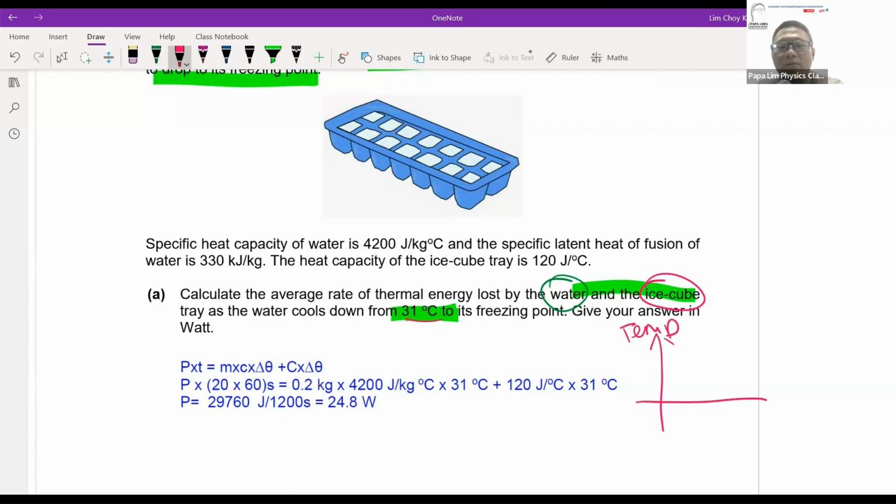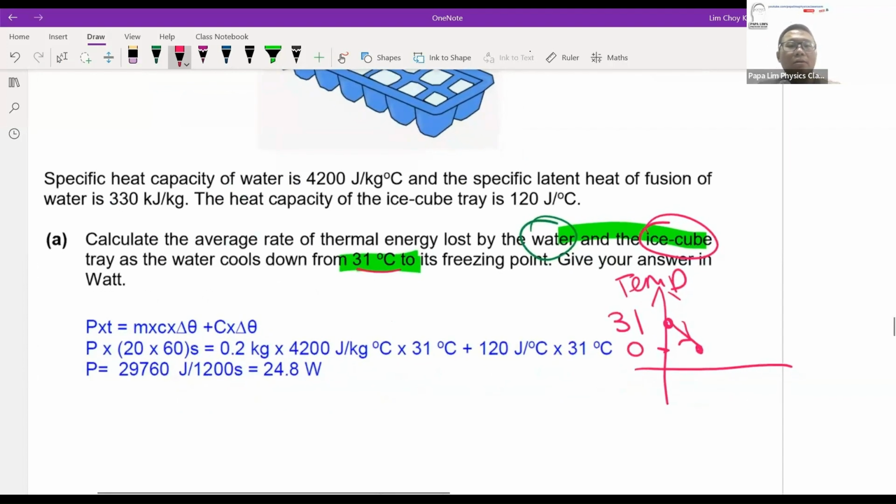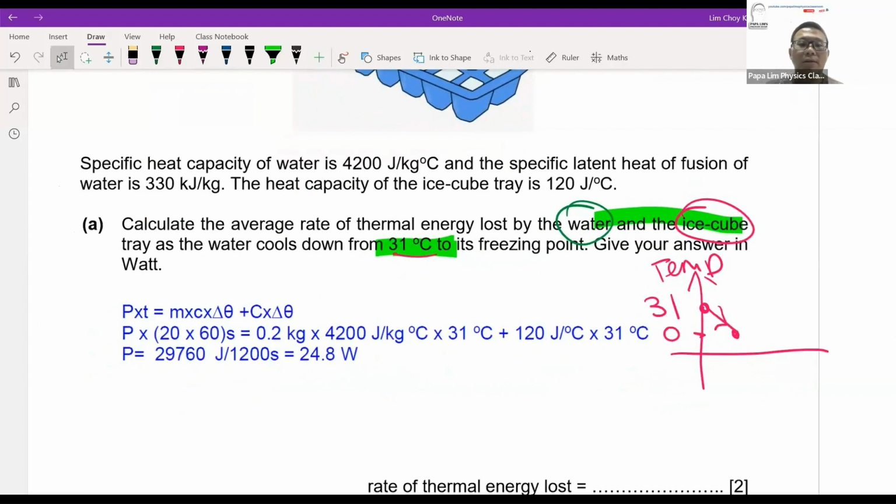At 31 degrees, the water is cooling down until it hits 0 degrees Celsius. Now at 0 degrees Celsius, it's still water. It has not started to freeze, but it reaches its freezing point, which is 0 degrees Celsius.